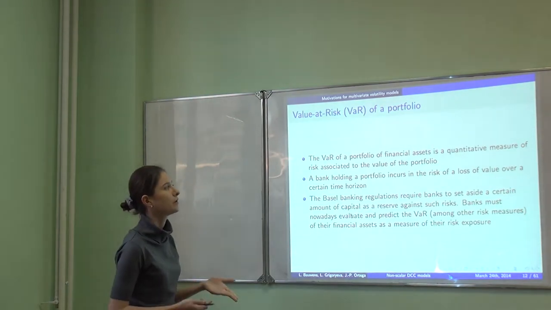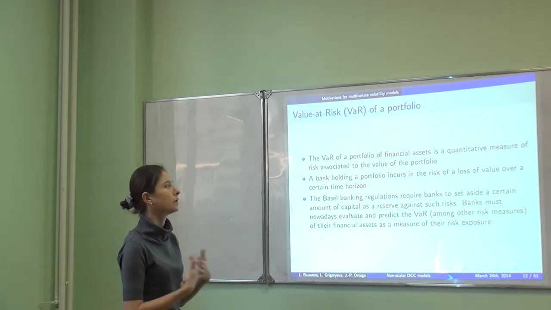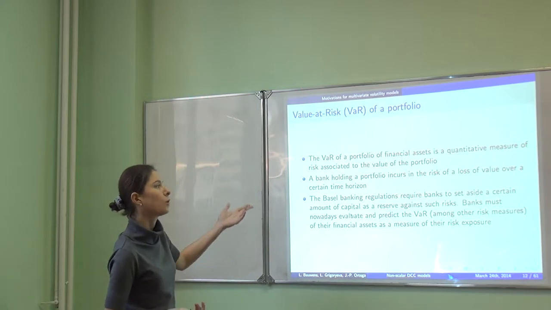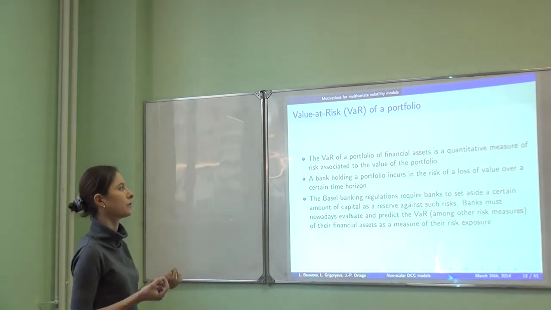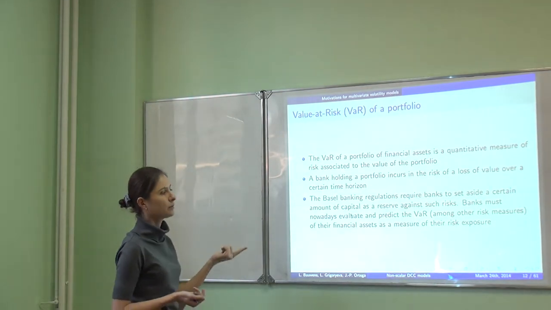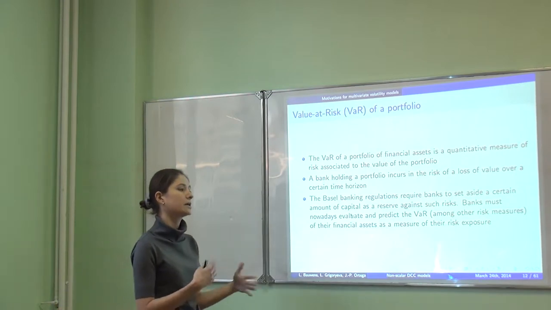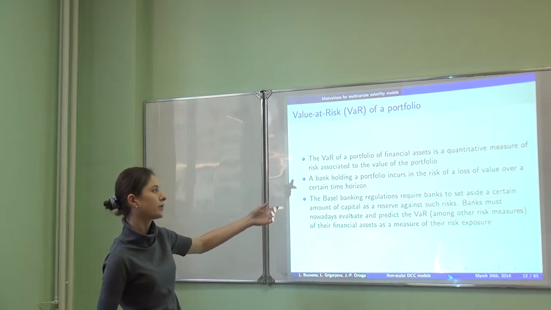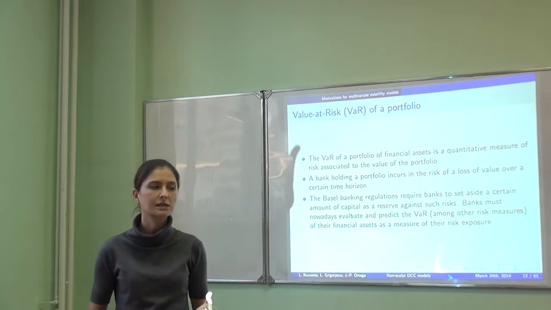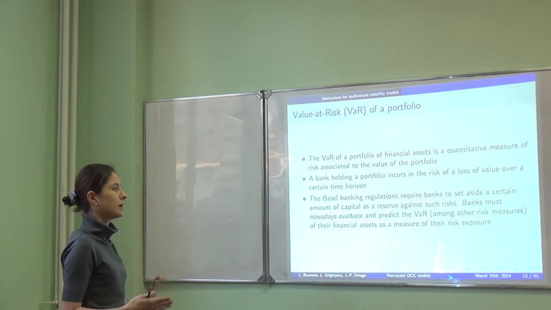This is one of the applications of these models. We would like to have a value of our VaR. It is a quantitative measure of the risk associated with keeping the portfolio. A bank holding a portfolio, of course, incurs some risk of losses, depending on some horizon. According to Basel banking regulations, we need to come up with measurements for this VaR, which doesn't have to go over some prescribed value.